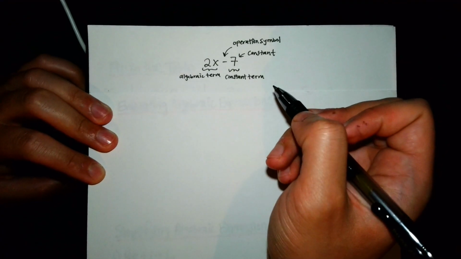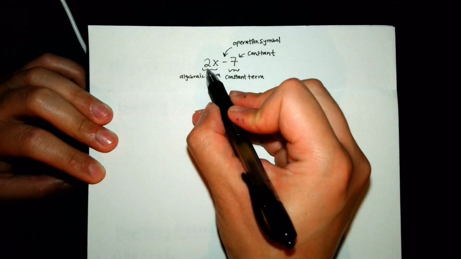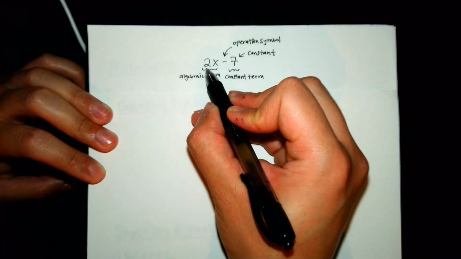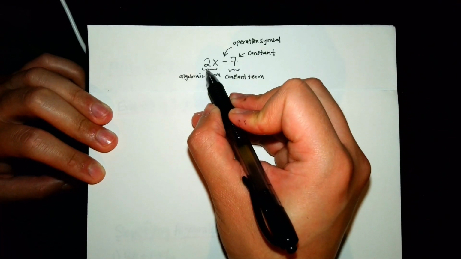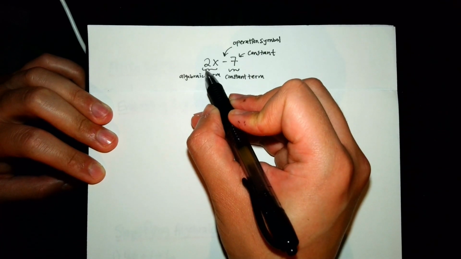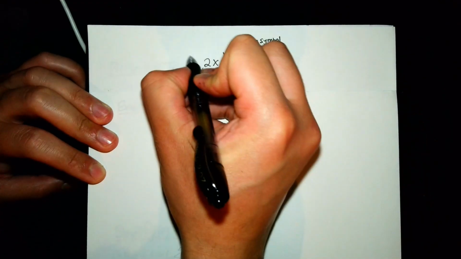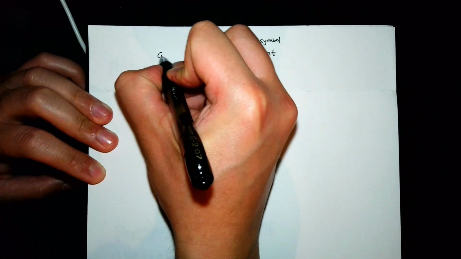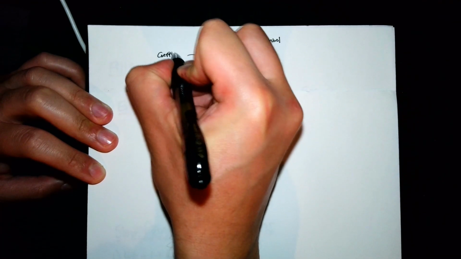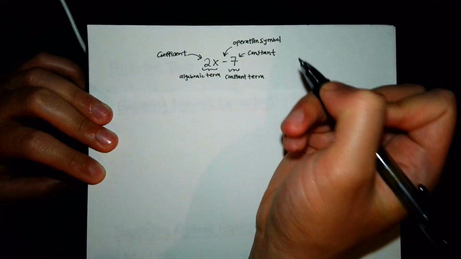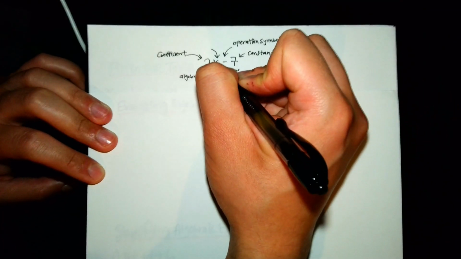Let's move on to the coefficient. The 2 will be considered the coefficient because it is the number in front of the variable. In other words, this number multiplies a variable. And lastly, x would be our variable.